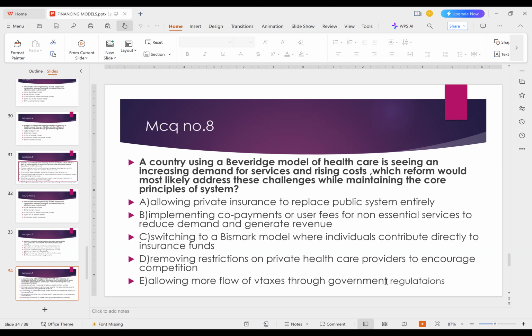B, implementing co-payments or user fees for non-essential services to reduce demand and generate revenue. C, switching to a Bismarck model where individuals contribute directly to insurance funds. D, removing restrictions on private healthcare providers to encourage competition. E, allowing more flow of taxes through government regulations.